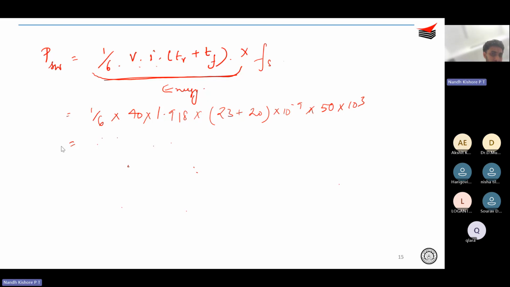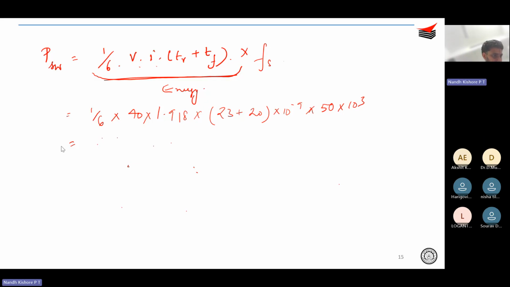So 14 by 6 into 1.918 into 43 into 15 into 10 power minus 9. So it turns out to be around 27.49 millijoules.